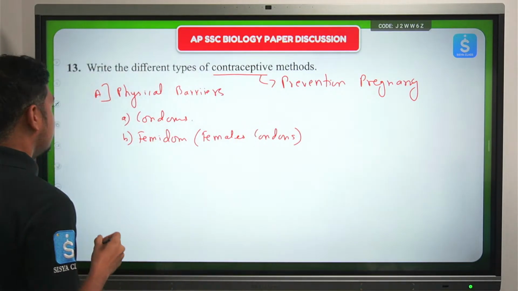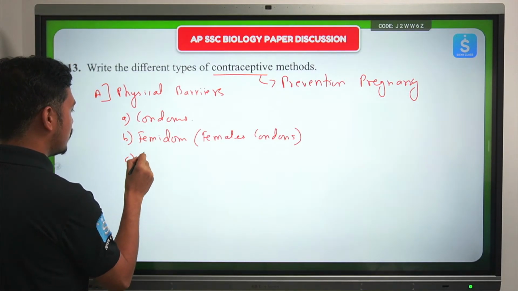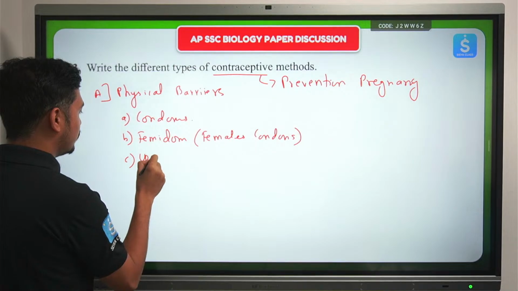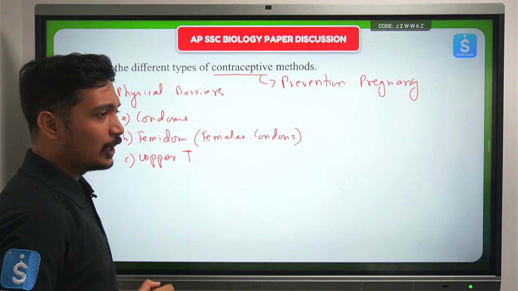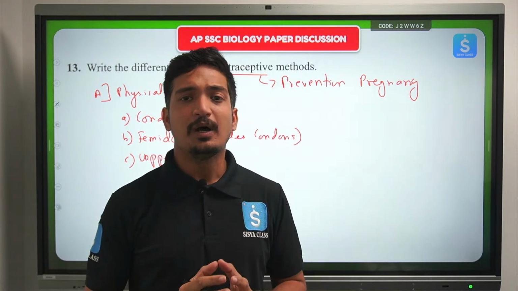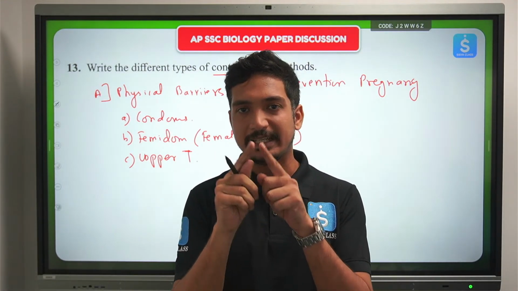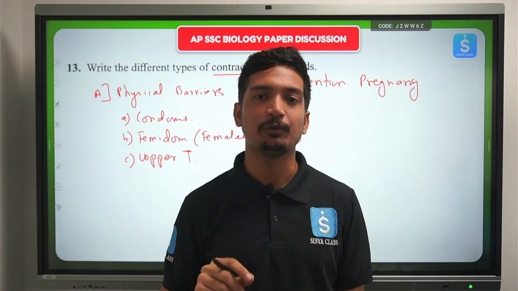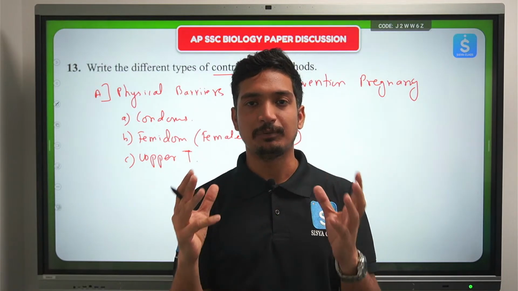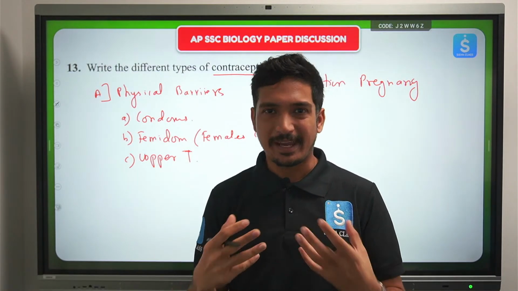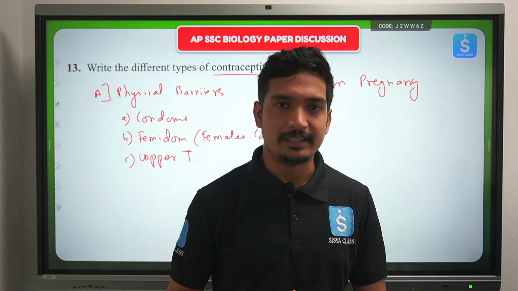Then the next thing is using something called copper T. Copper T is used to prevent the passage of sperms into the fallopian tube, because the T shape of it will block the fallopian tube, and therefore the eggs will be blocked from coming towards the uterus, and the sperms will not be able to fertilize any eggs at all.